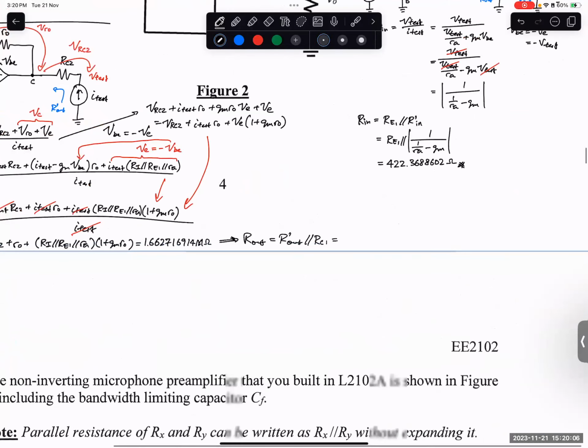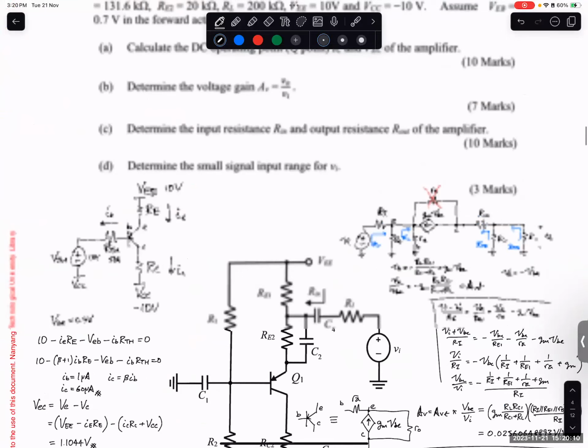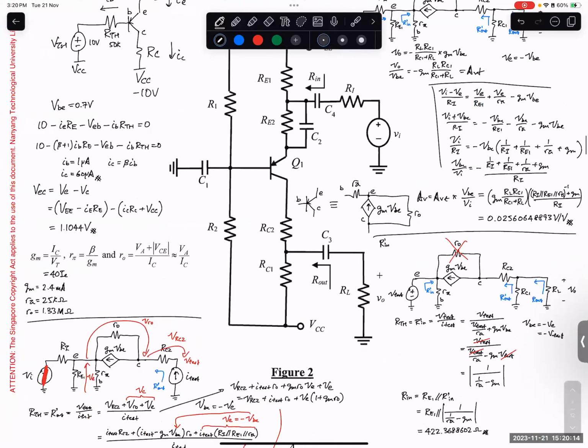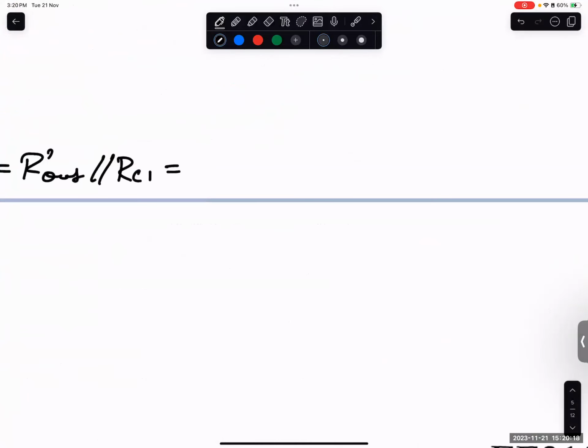Okay, what is RC1? RC1 is 150K. So our answer will get 137.587694.